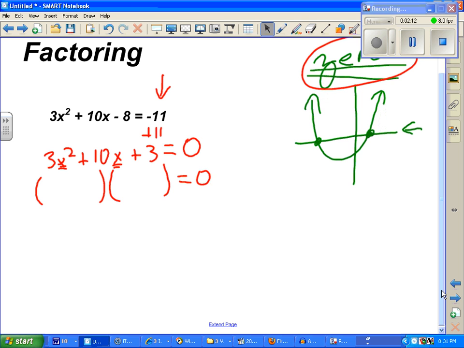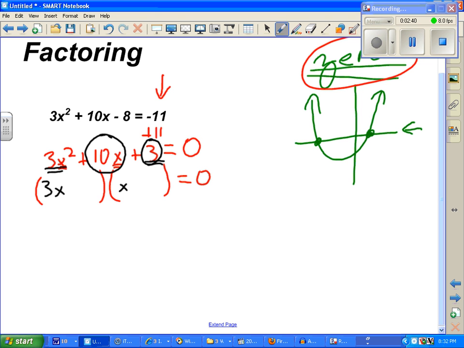Well, we need to find the factors of 3 and the factors of 3 in this case, some combination that are going to multiply and add to 10 when you FOIL it back out. The factors of 3 are just 3 and 1, so the only options I have are 3x and 1x. The only options I have for the other 3 are 3 and 1, so I need some combination.